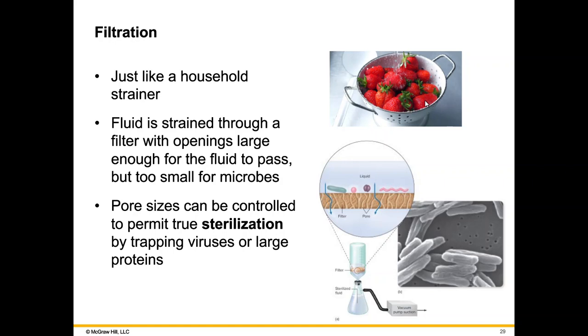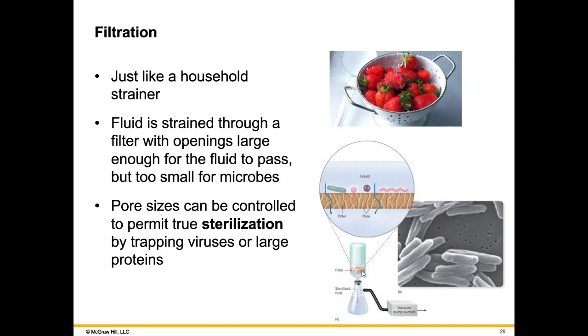So in filtration in the microbial world, we're going to have some kind of fluid that's going to be strained through a filter. And these filters are going to have openings, little tiny pores that are large enough for that fluid to pass through, but too small for the microbes to pass through. So if we look here, what this is showing you is some kind of liquid inside of this container, and we are wanting to filter it to make sure that the product, which would be below, is free of any kind of pathogens.